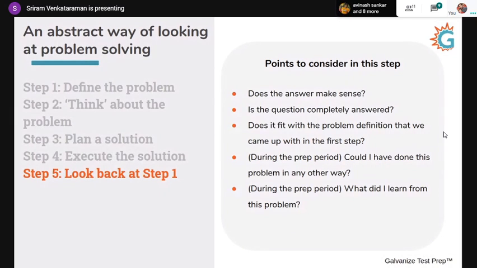Sometimes you might also want to learn what you got from this question, because that learning might be applicable for some other question. So during the prep period, we always advise our students to take a moment to think about how they could have done it differently. Right at the step where you've just executed the solution and got the answer, you might get this moment of, oh my God, if I had done it the other way, I would have gotten this answer so much faster.